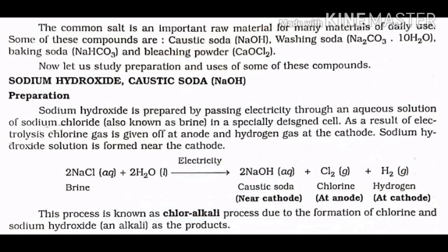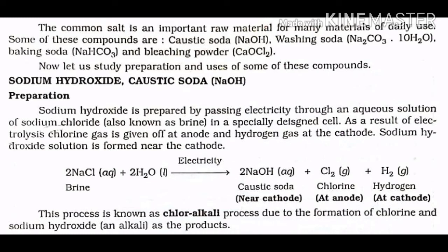NaOH. Preparation. Sodium hydroxide is prepared by passing electricity through an aqueous solution of sodium chloride, also known as brine. As a result of electrolysis, chlorine gas is given off at the anode and hydrogen gas is obtained at the cathode.